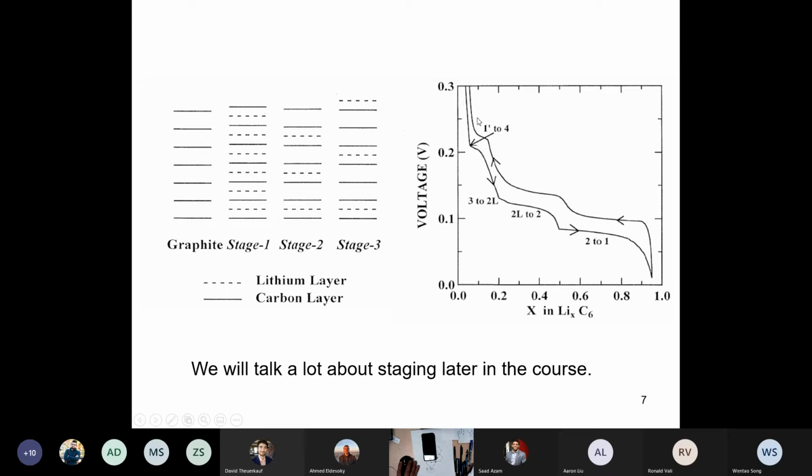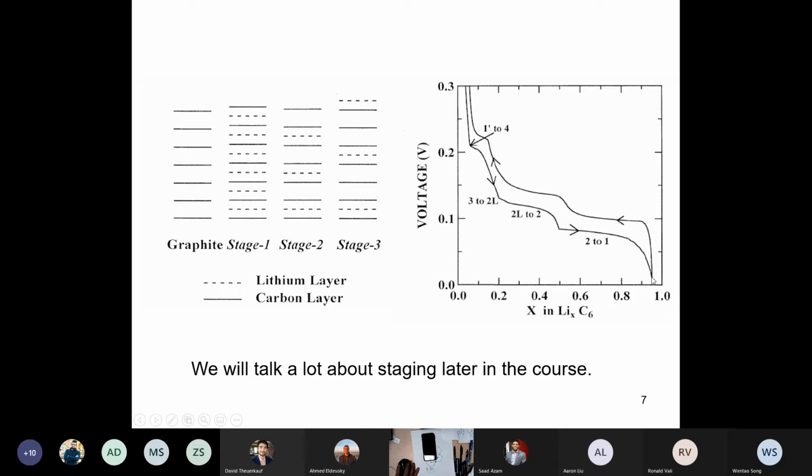And that phase is called 1 prime. What 1 prime means is every layer, every interlayer space has lithium, every one. That's called stage 1. And the prime is there because every layer has just a tiny amount of lithium in it.